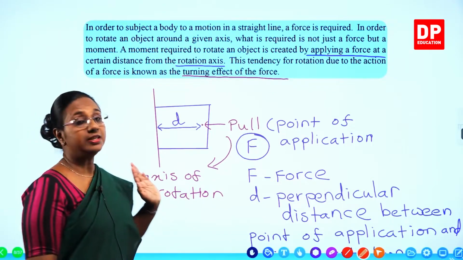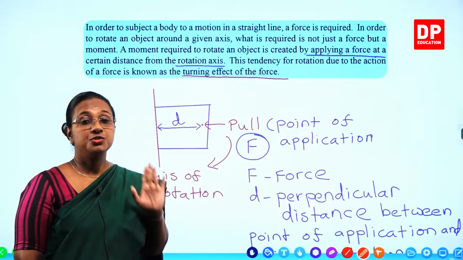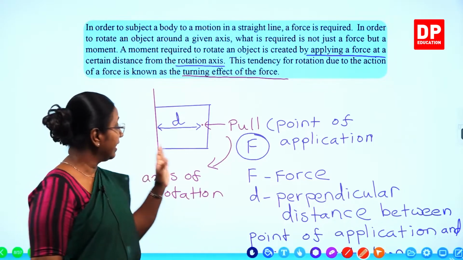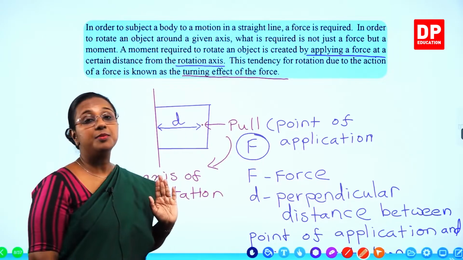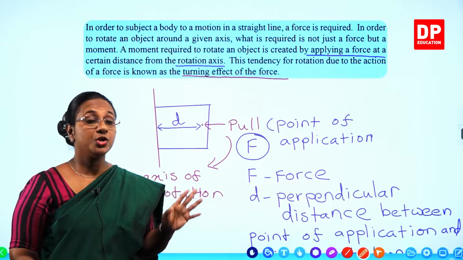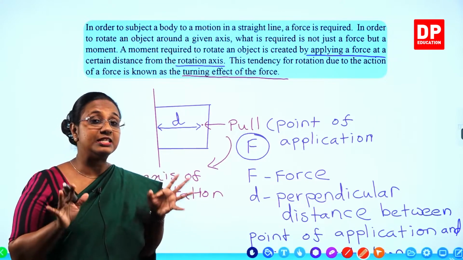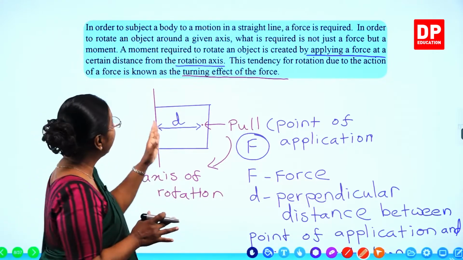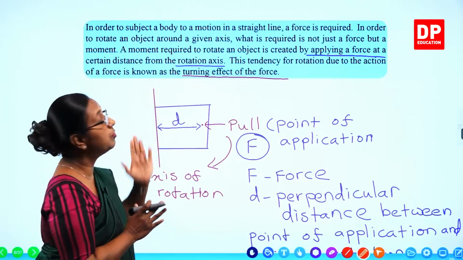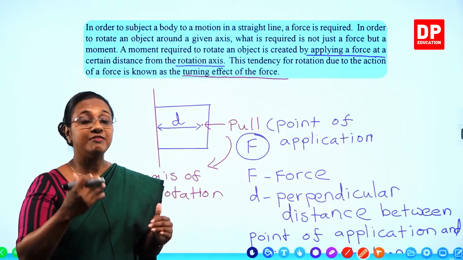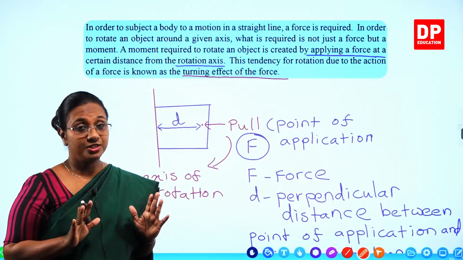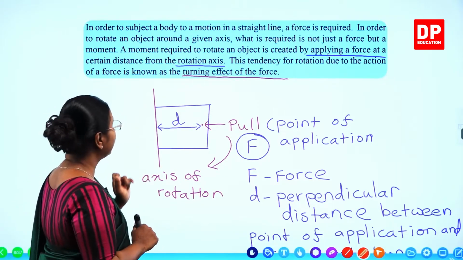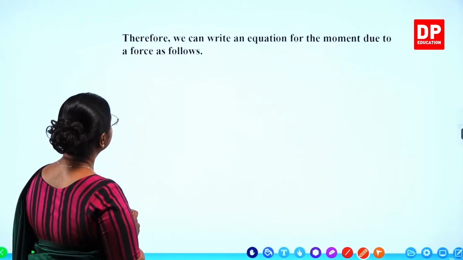This is how the turning effect works. So there has to be rotation and there has to be a distance between the axis of rotation and the point of application of force. So those are like the conditions that need to be satisfied when a force becomes the moment, or the force giving rise to a turning effect. Is that clear to you all, students? So with that, I will move on to the next slide.